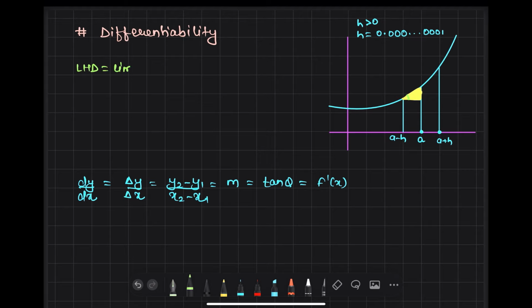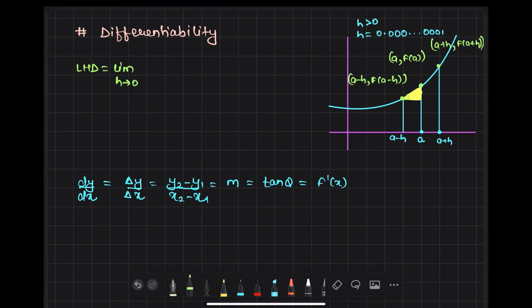Limit h tends to 0. You know the coordinate of this point is a comma f of a. The coordinate for this point is a minus h comma f of a minus h. And this coordinate is a plus h comma f of a plus h.